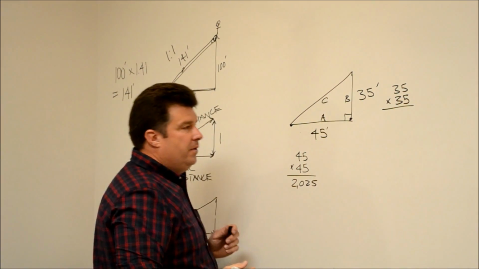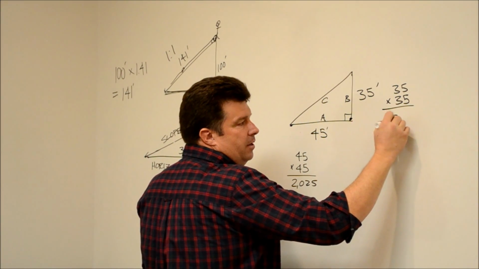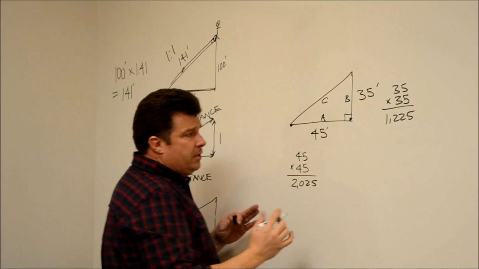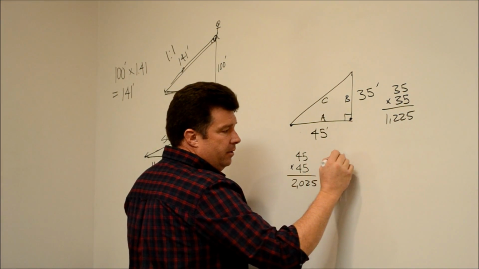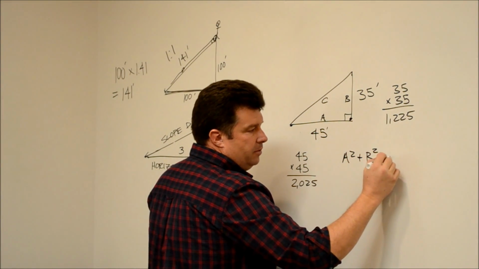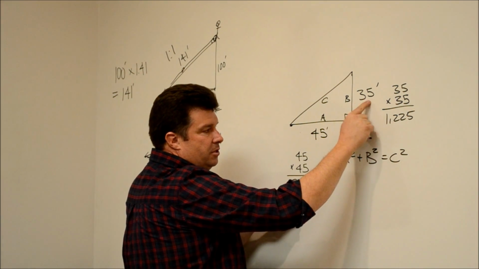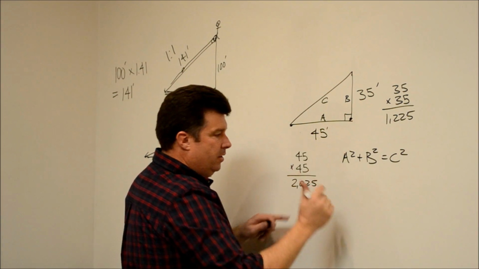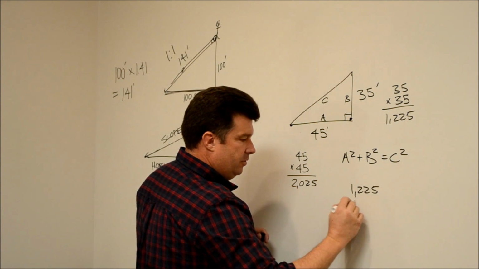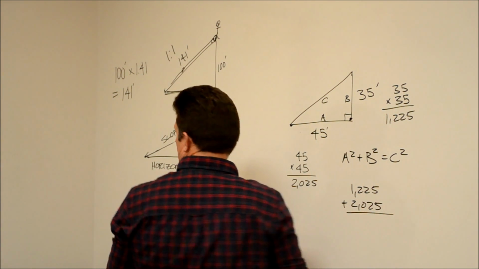That's the square. 35 times 35 is 1,225. So what I said was a squared plus b squared is equal to c squared. So we have to add these two numbers, this 35 and this 45 squared. So we take that, 1,225 plus 2,025, and that equals 3,250.